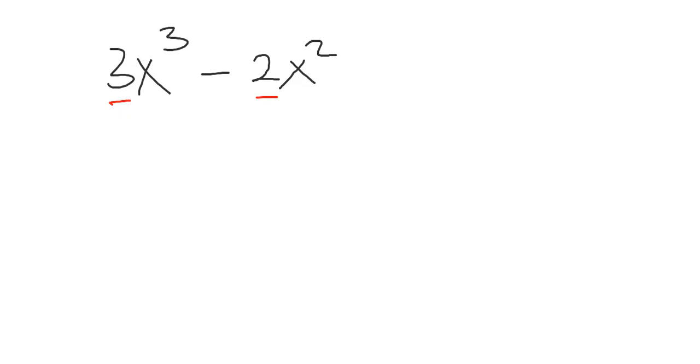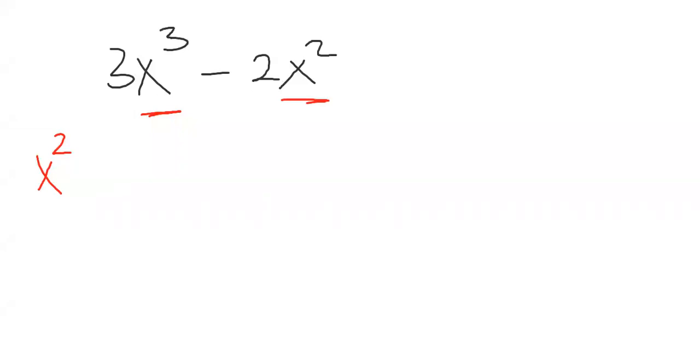So then we now go to our variables. We have x to the power 3 here, and then we have x to the power 2 there. So in this case, what goes outside the brackets is going to be x squared, not x. Now, what goes outside the brackets should be the one that has the lowest power.